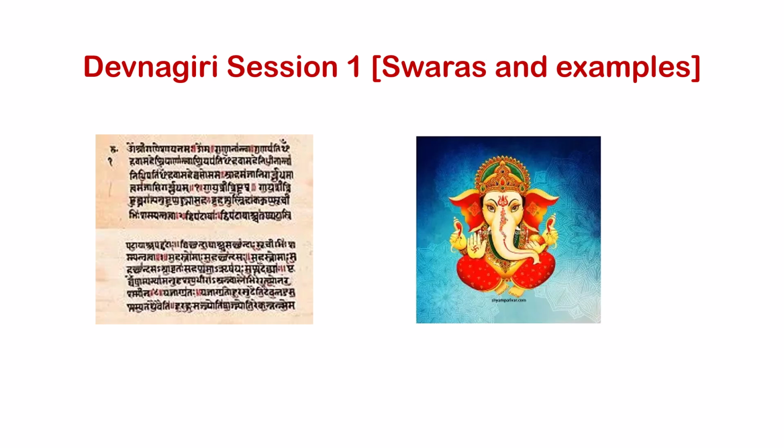Next, so we learned four swaras: A, E, E. Please, when you pronounce it, make it a point now, when we are learning. Later, when you chant shlokas, or in general read anything, or even just pronounce these aksharas separately, from now on please pronounce it properly.